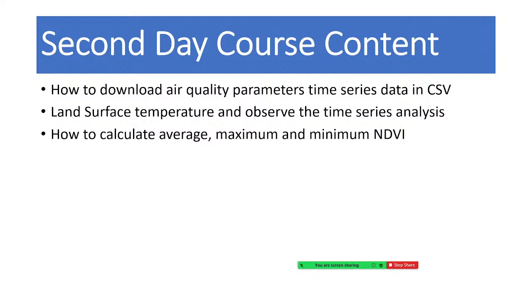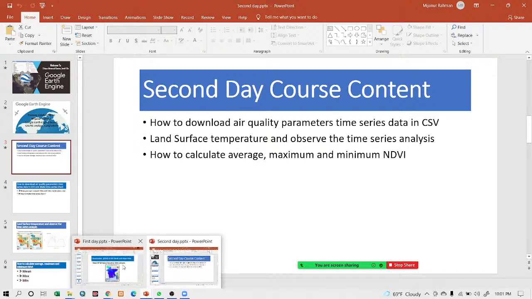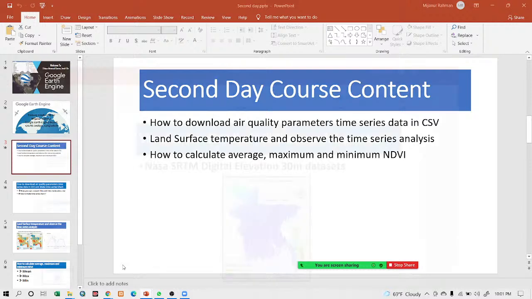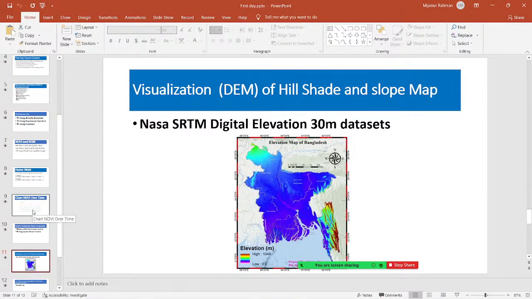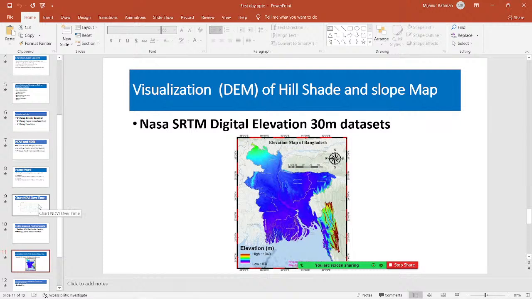But before I start today's session, I will try to complete some topics from our first day which were not covered yesterday. So first I will cover this, then move to our second day's topics. First I will show you the visualization of the DEM and hillshade map.